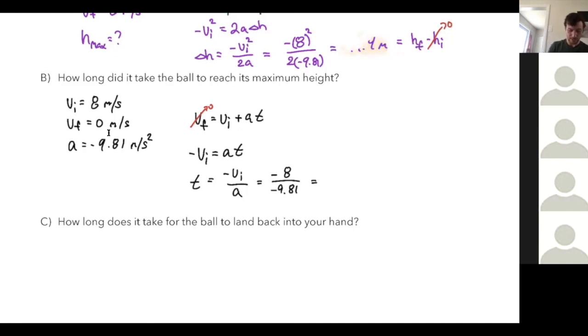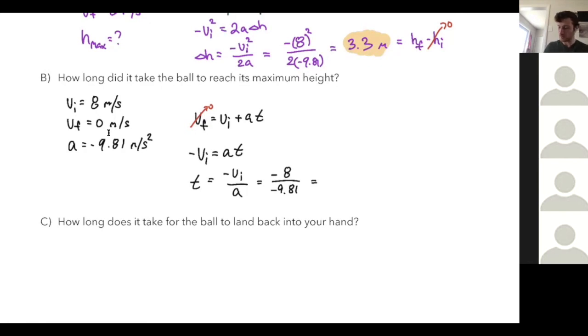This should not be 29.4. If you actually punch this in, you are going to get 3.3 meters. So sorry about that. You should have got 3.3 meters with that 8 meters per second initial velocity. Everything else is the same, I just used the wrong number.